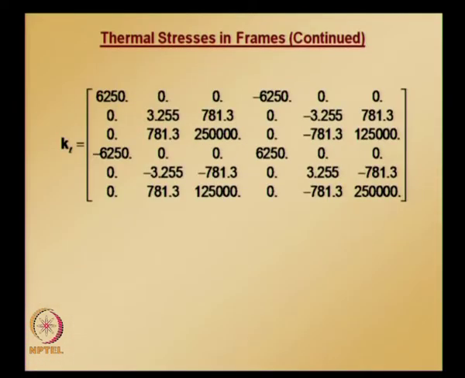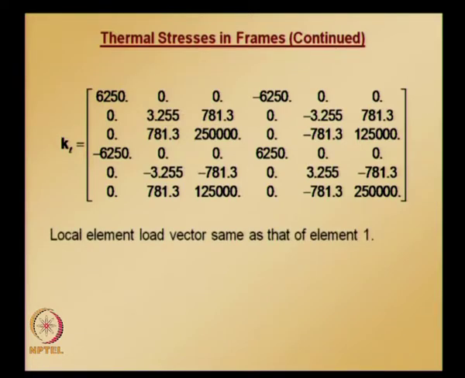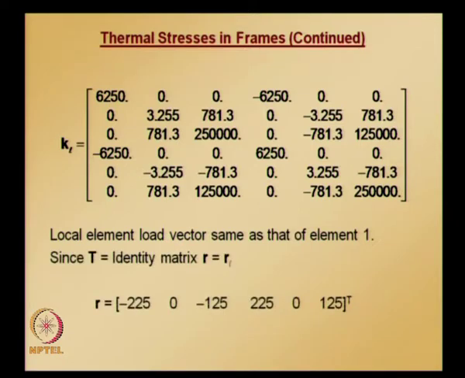And please note that the load vector is same for both element 1 and element 2. Using the coefficients for stiffness matrix, this is the element stiffness matrix in the local coordinate system. And this is the load vector, and since the transformation matrix is identity matrix, stiffness matrix in the local coordinate system will be same as stiffness matrix in the global coordinate system.